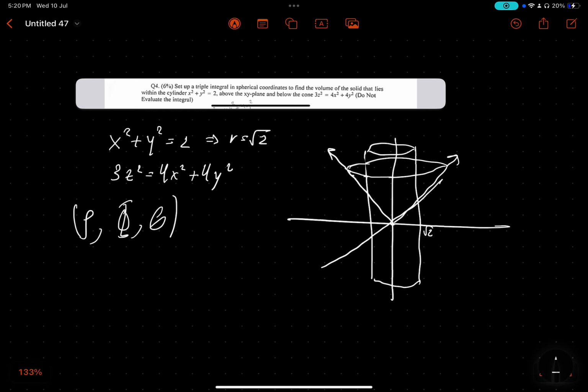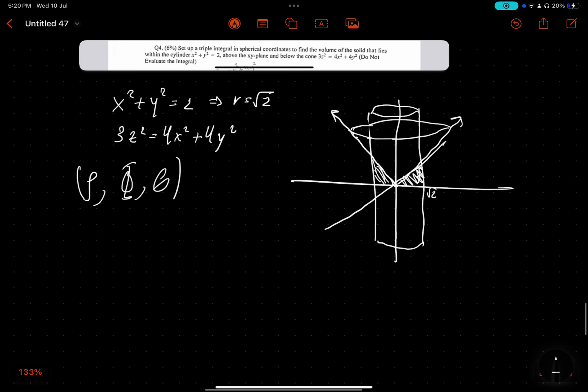He wants us to be above the xy plane and below the cone, within the cylinder. So the volume is going to be something like this. The volume is just this region. So we want to find this volume.